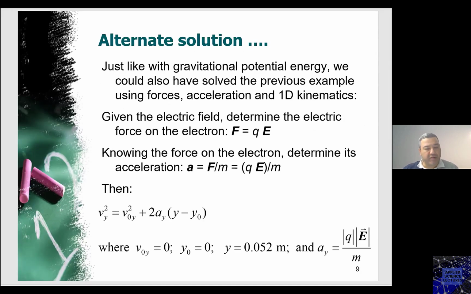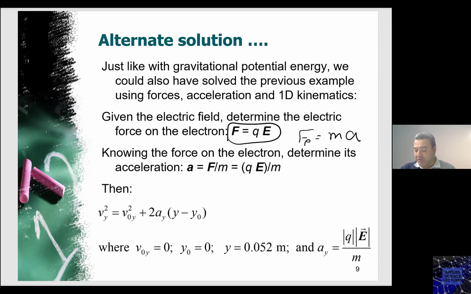There is an alternative solution to solve this problem. In this alternative solution, we can use the forces and the acceleration and the 1D kinematics by calculating the acceleration. We know that F equals QE, and also I know that F equals MA.